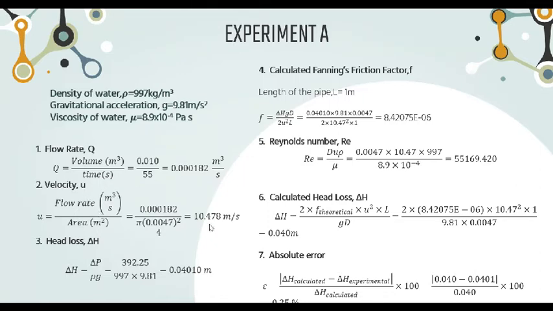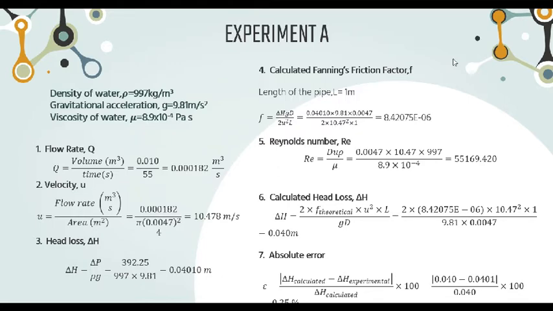equal to flow rate over area. We find the head loss, which is delta H equal to pressure drop over rho g. Then we find the calculated Fanning friction factor, and we assume the length of the pipe is 1 meter.